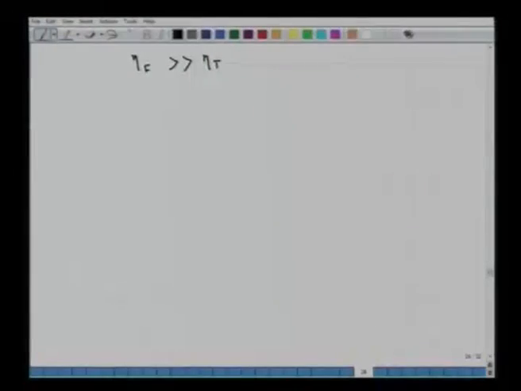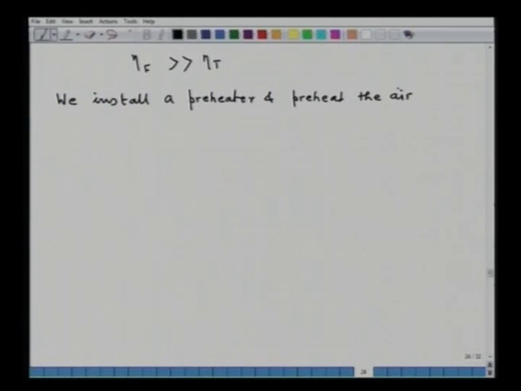Now, let us consider that we install a preheater and preheat the air. So, for example, this is the furnace.